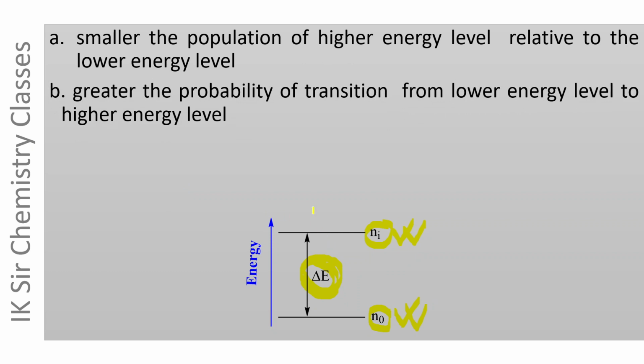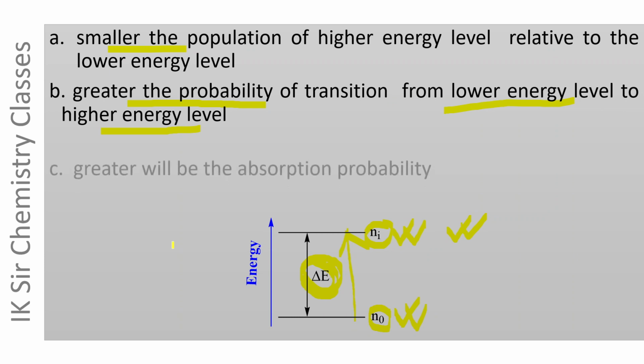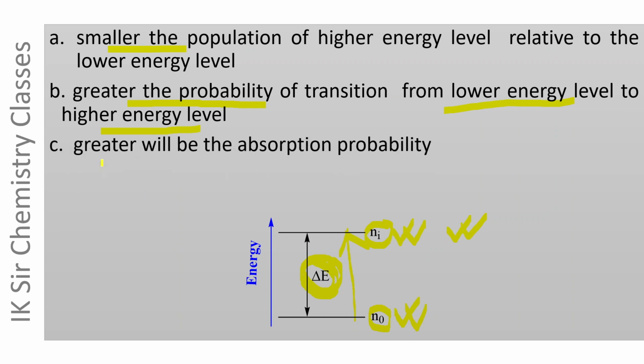And if the population of higher energy level is smaller, greater the probability of transition from lower energy level to higher energy level. If the population of this excited state is smaller, there will be greater probability of transition from lower energy level to higher energy level, and accordingly greater will be absorption probability.